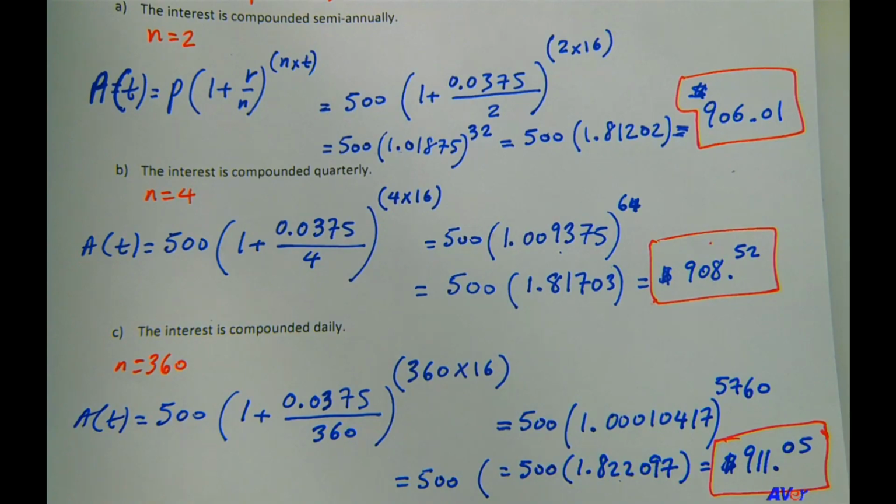So this small example is showing you how much impact compounding of interest has on growing the money exponentially, right? So this was just $500.